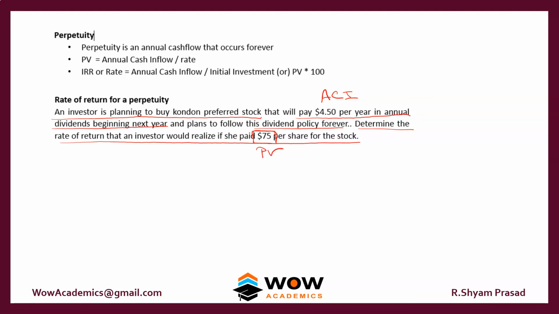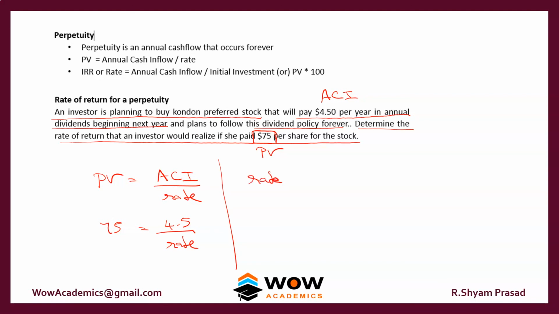So we can put it like this. The present value equals the annual cash inflow divided by the rate, where the present value is 75, the annual cash inflow is 4.5, and the rate is what we don't know. So we'll try to find out the rate.